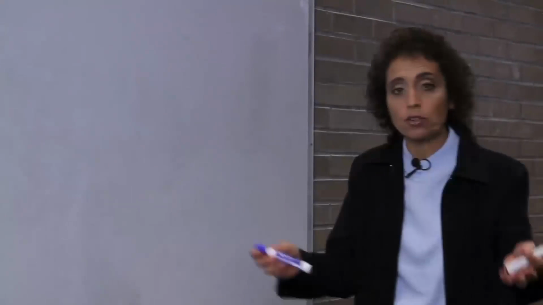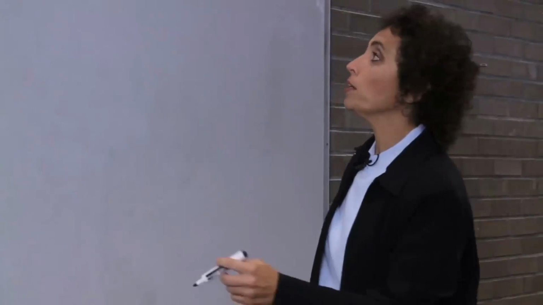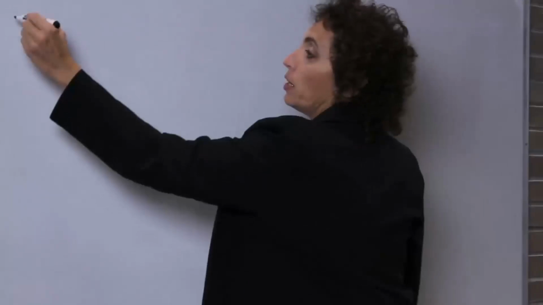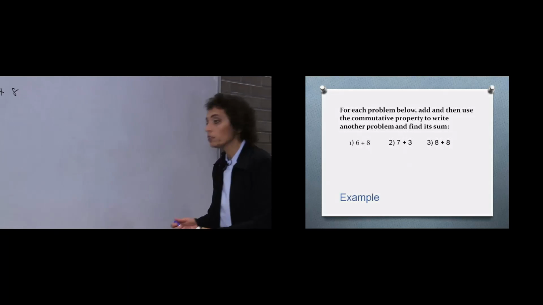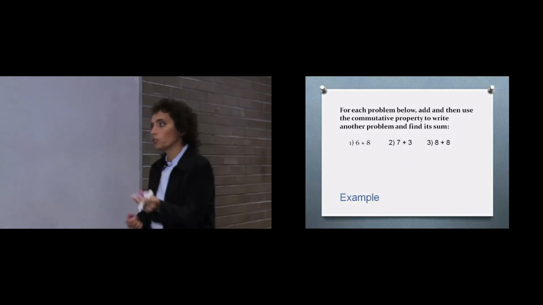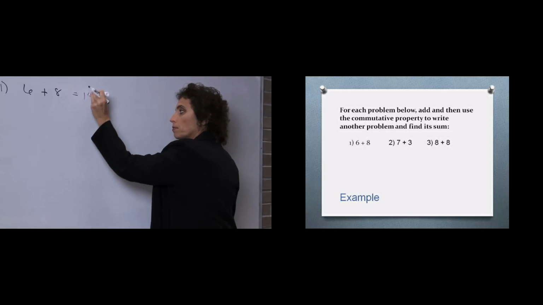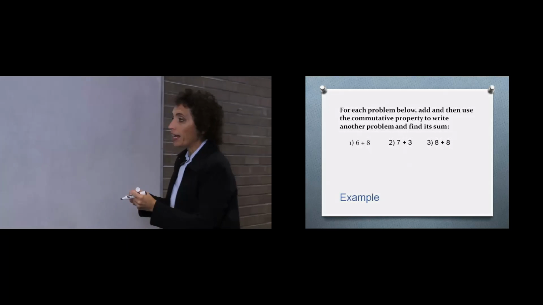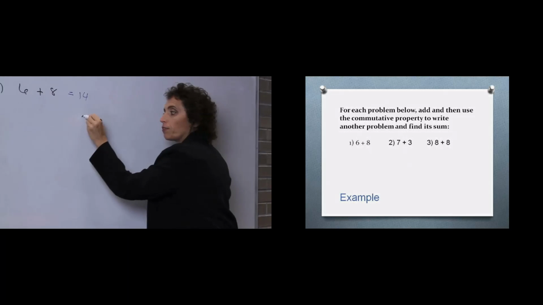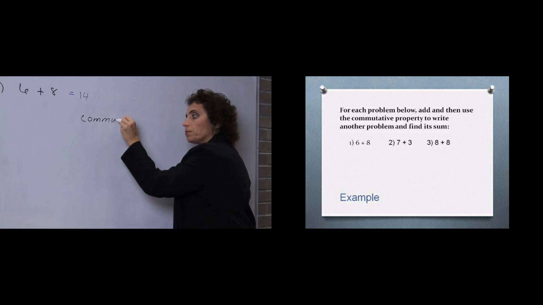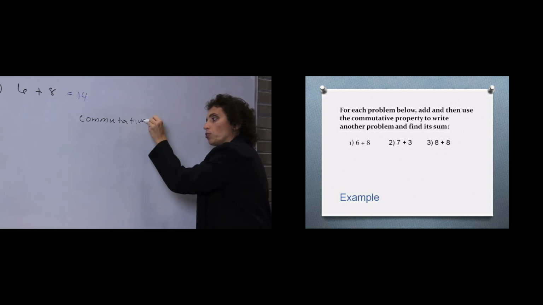Okay, but for any real numbers, it doesn't matter if you switch the order when you add. So now let's take a look at the problem that's in your workbook. And it says, if I'm given the numbers 6 plus 8, I want to find their sum, which means to add them. So we'll do that. And then I want to write another problem using the commutative property. And remember, if I use the commutative property, it means I have to switch their order.